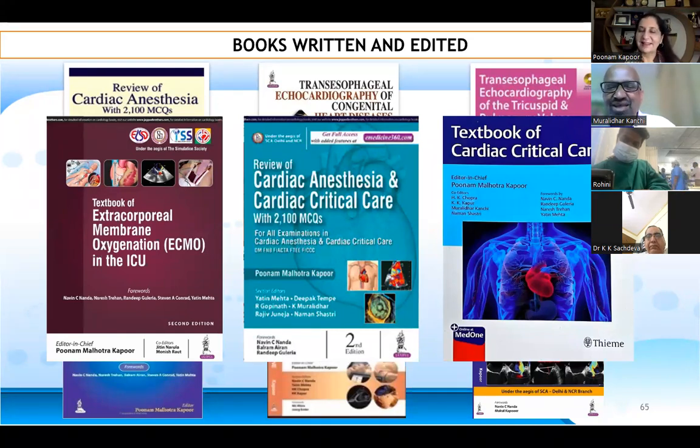Yes. The next question is CT versus MRI in pericardial disease. Well, they say that MRI is the gold standard over CT. But if you have a CT available, then a contrast CT is better than a plain MRI. What do we do at our center?